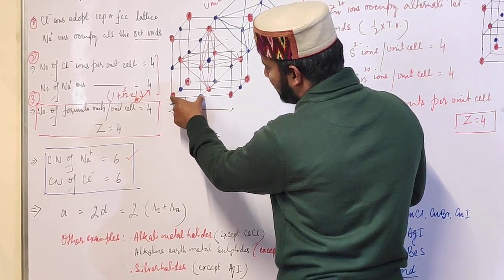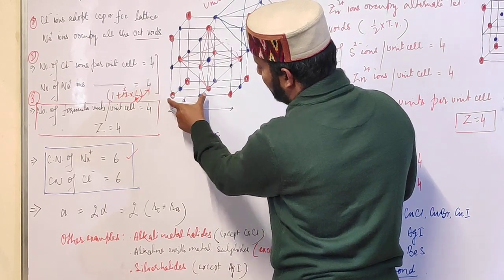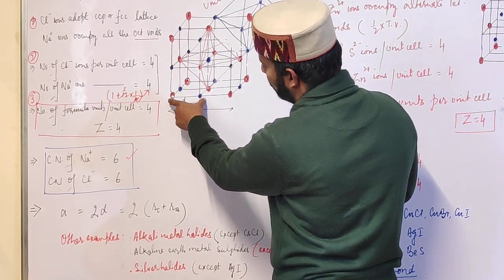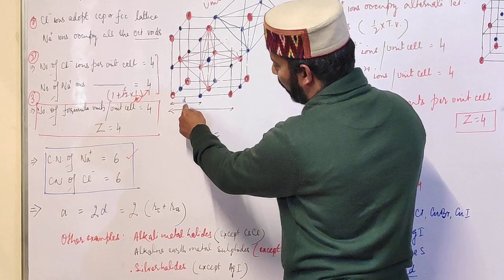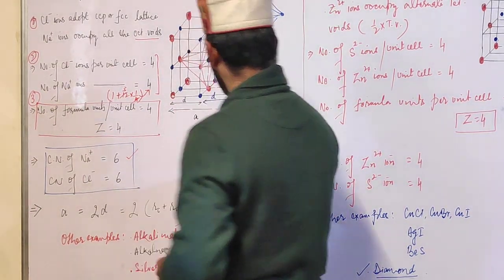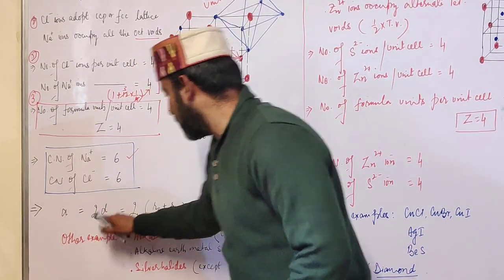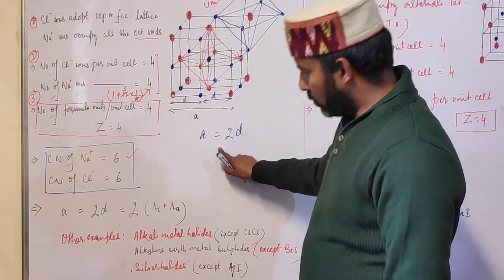Assuming that these are touching each other, the interionic distance, the distance between sodium and chloride, is D. So A is actually twice of D. How is it twice of D?